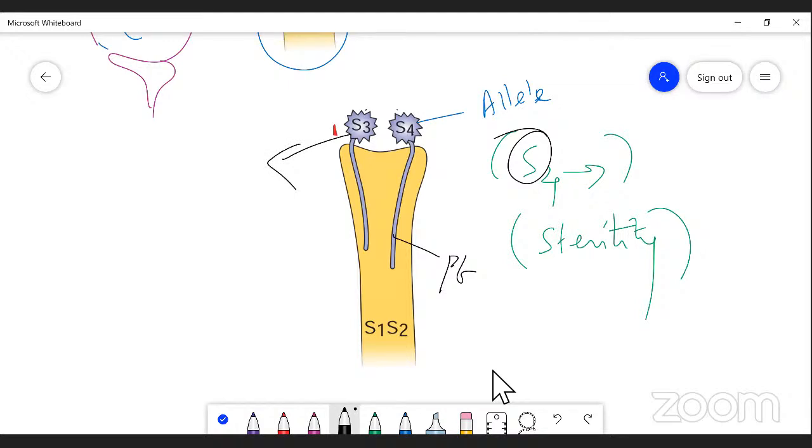Because these S4 and S3 are able to germinate because these two different alleles are entirely varied from S1, S2. Hence, they are heterozygous condition. In the first case that we discussed, homozygous condition of alleles, they are never germinated. Whereas instead of homozygous, we have taken a heterozygous condition in which S1, S2 are one type and S3, S4 are another type.